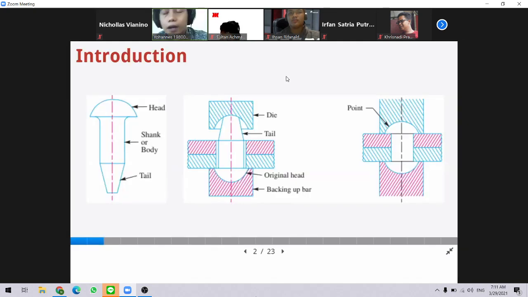Okay, so I think you already know about this kind of joint, especially when you pass a bridge and you maybe capture something in the structure and think about how this bridge was made, and maybe you see many points arranged in a defined pattern to combine the beams, the parts of the bridge.